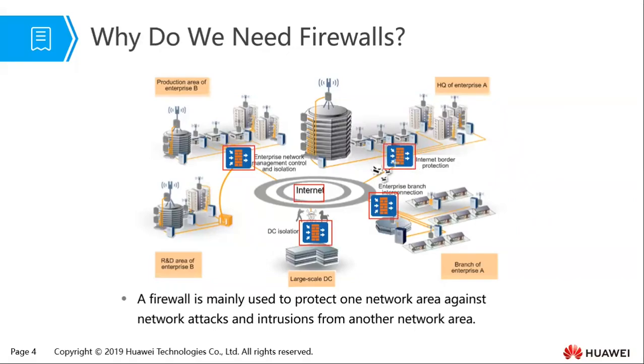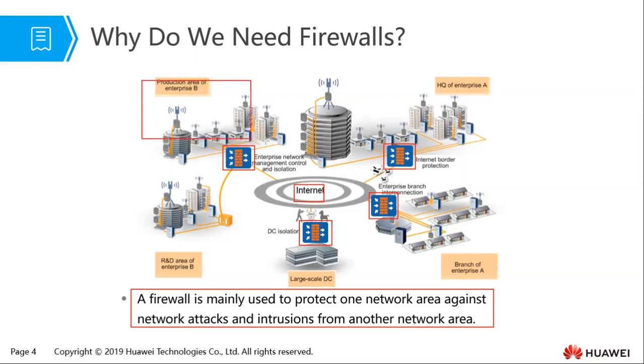Most of the time, it is put immediately after the router that connects you to your internet service provider. Now, a firewall is mainly used to protect one network area against network attacks and intrusions from another network area. So, for example, in this particular enterprise, we are simply protecting our intranet from the internet.